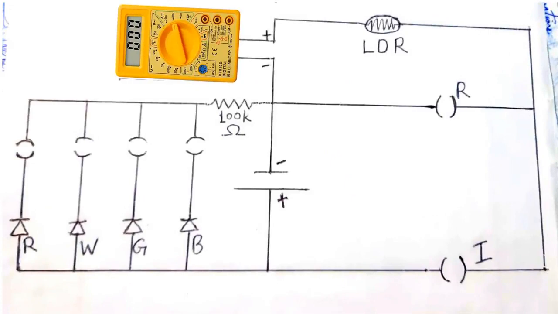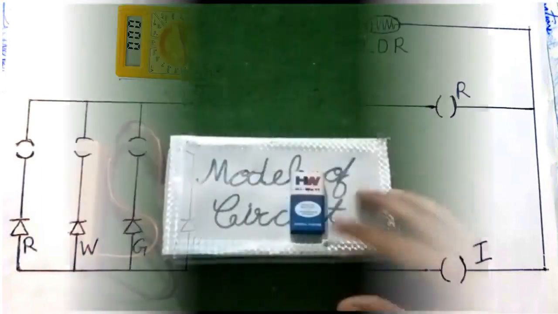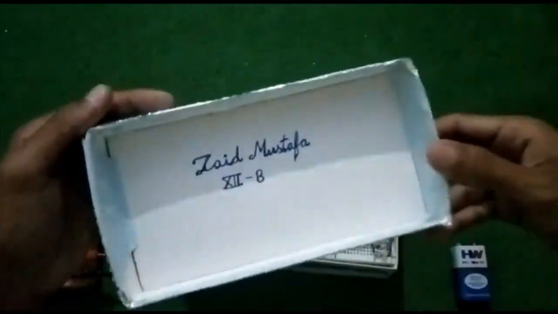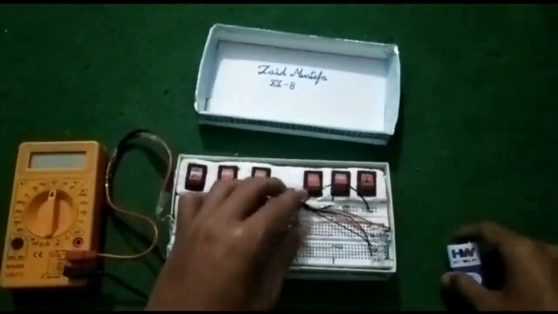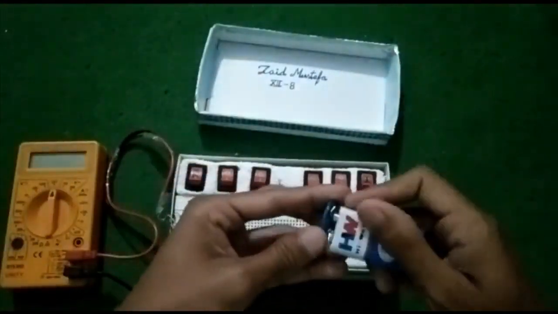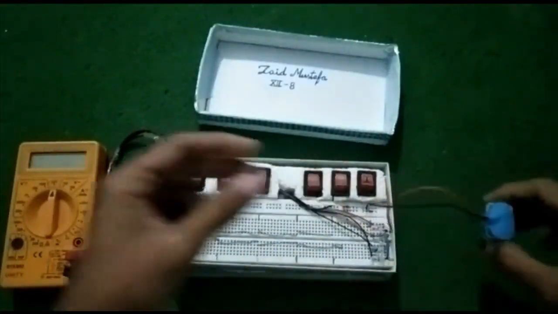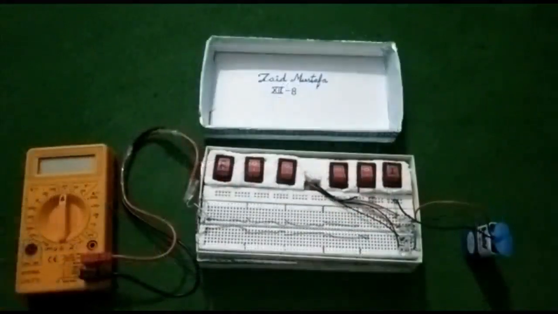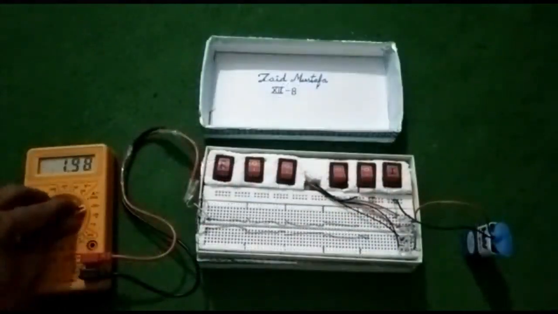This is the circuit diagram of the circuit which I have made, and you will not find it anywhere else. This is the model of the circuit. Let's connect it to the battery and turn the multimeter knob to the 2000 microamperes range and switch on the I button.